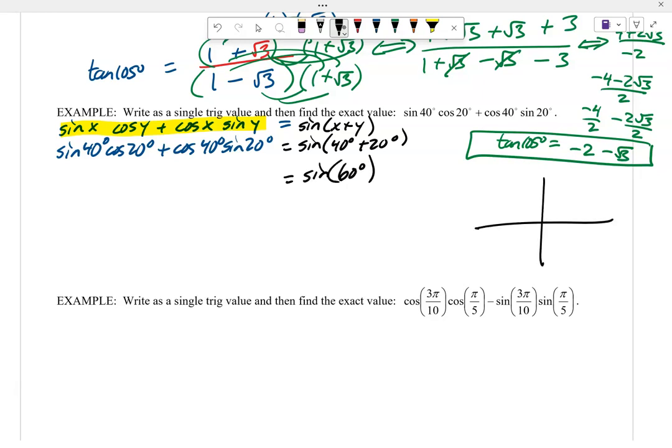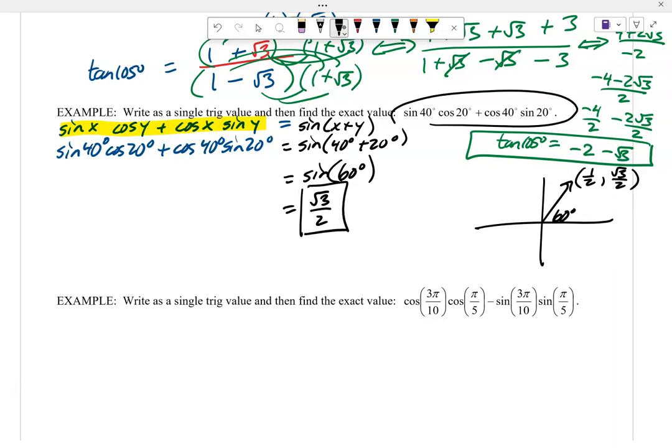So then I just look on my unit circle, it's 60 degrees, and my sine is root 3 over 2. So all this is root 3 over 2. All right, so let's keep going here.